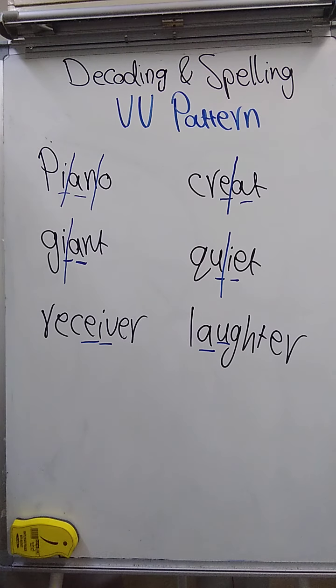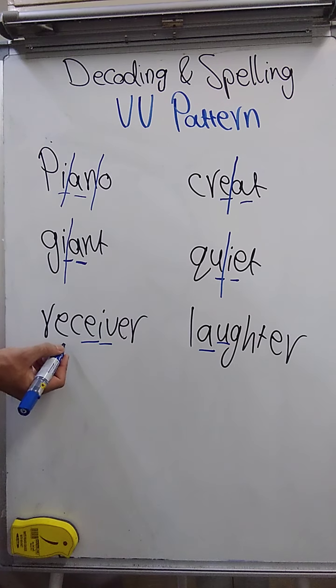Here, guys, in receiver, when I have such a word, I can apply the methods that we learned in the previous lessons about decoding, which are the prefixes or common beginning syllables and common final syllables.